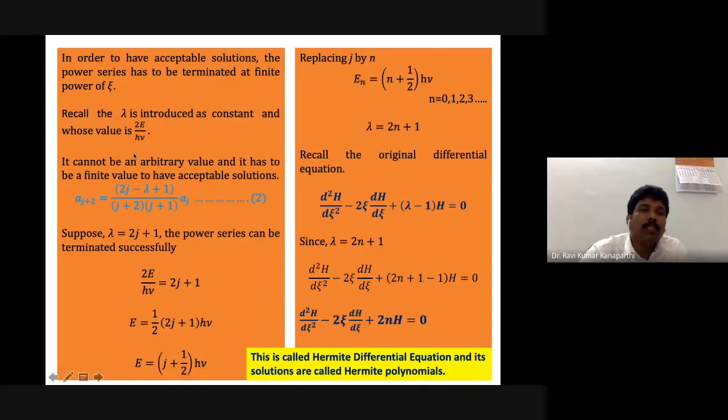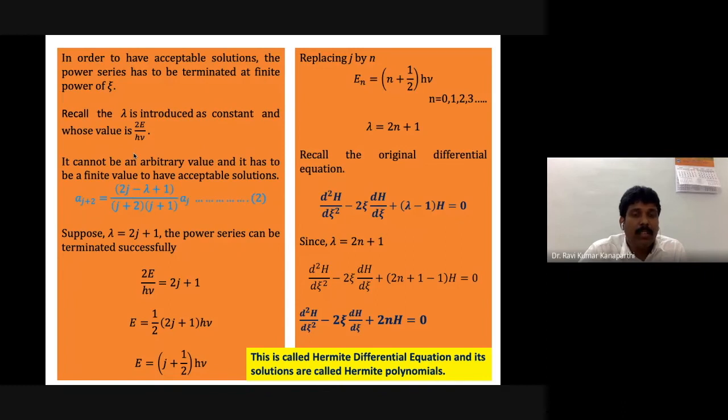Just recall what lambda is. If you go back and see, in the first class we introduced it as a constant, and the value of lambda is 2e by h mu. It is a constant value, and that is what was introduced.